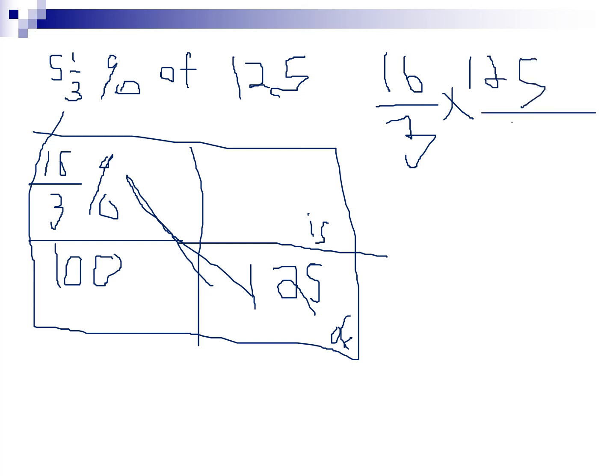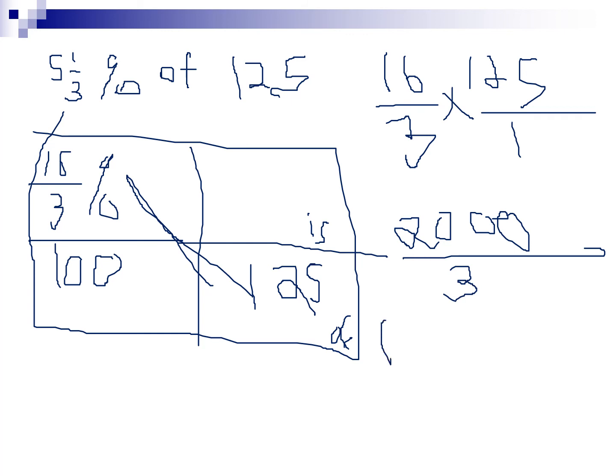Then we end up getting 2,000 over 3. When we do the division on that, we actually get 666.67.